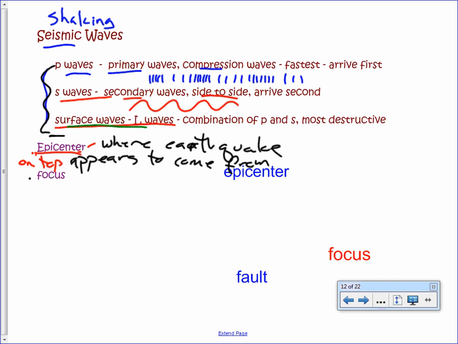Now, you might be thinking, well, where does it really come from? The focus is actually the place along the fault where the earthquake actually starts, where the friction actually first breaks and the earthquake starts.